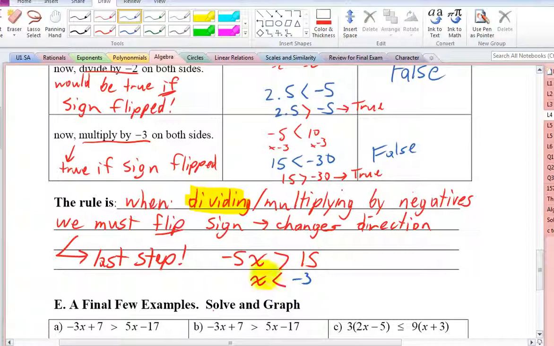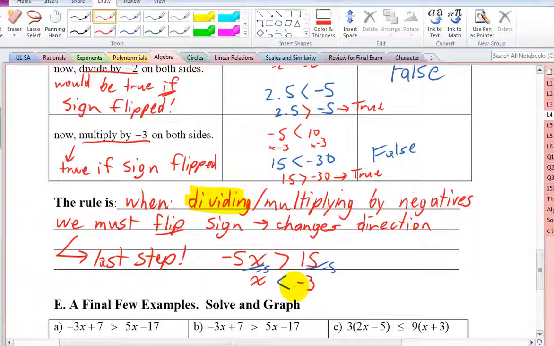Negative 3. Because we're dividing by negative 5, our sign must change directions. And it's going to be at the last step where that occurs.